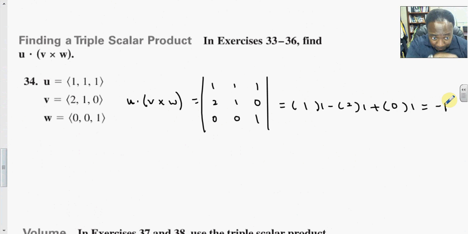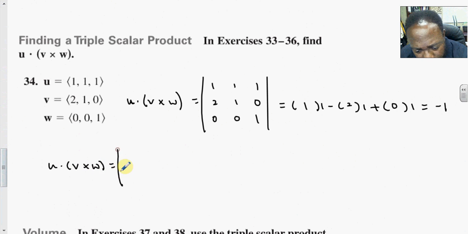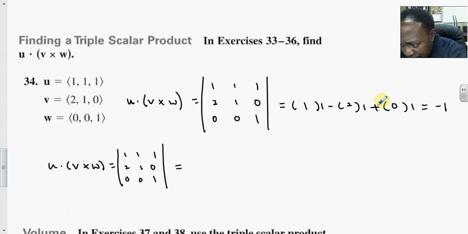Okay. That's it. Oh, let me show you the shortcut way. If you ever have this, you can do it. So I expanded here at this 1. The signs are important. This would be positive, minus, plus because of the position. This is even, odd, even. So this is plus, this is negative, this is plus, because this is even, odd, even.